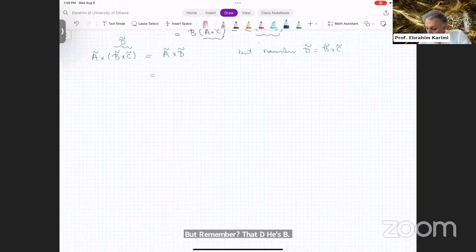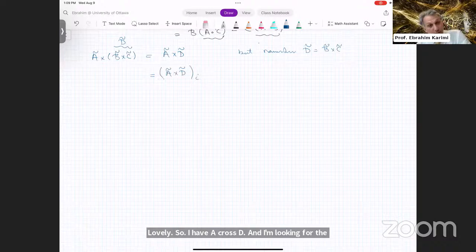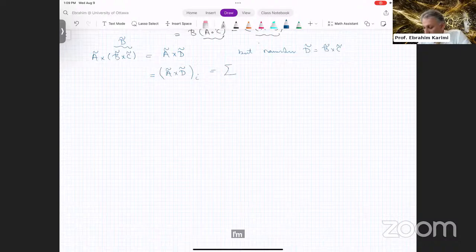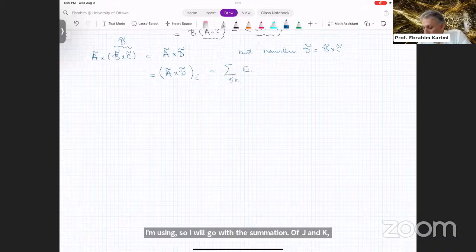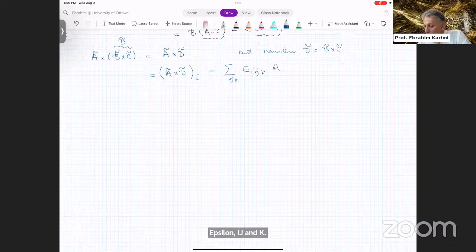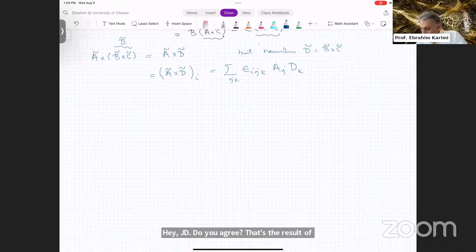So I have A cross D, and I'm looking for the I component of that. I'm using the Levi-Civita notation, so I will go with the summation over J and K, epsilon I, J, K, A_J, D_K. Do you agree? That's the result of the vector that I'm looking for.